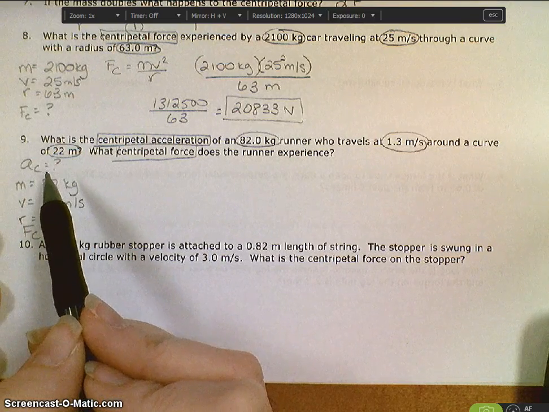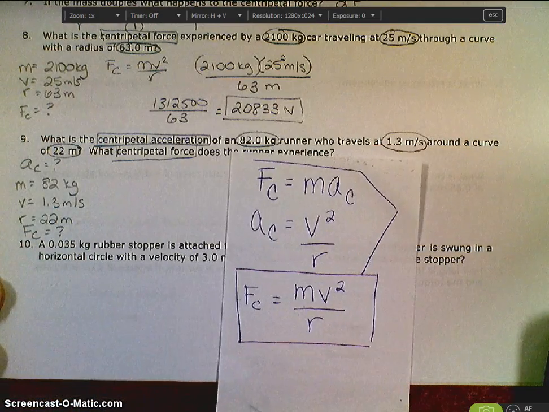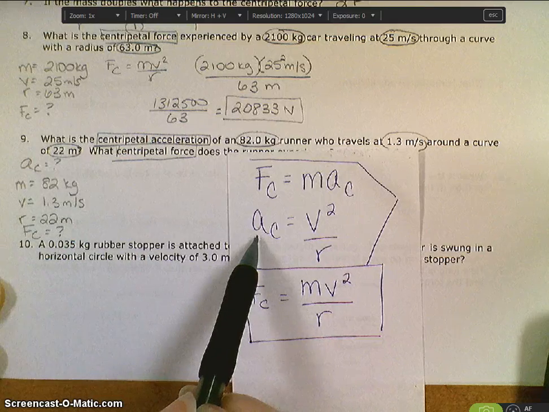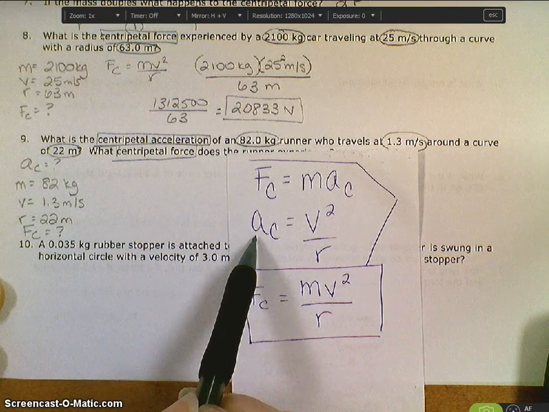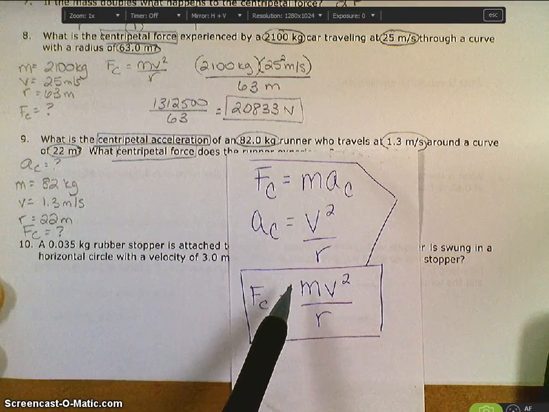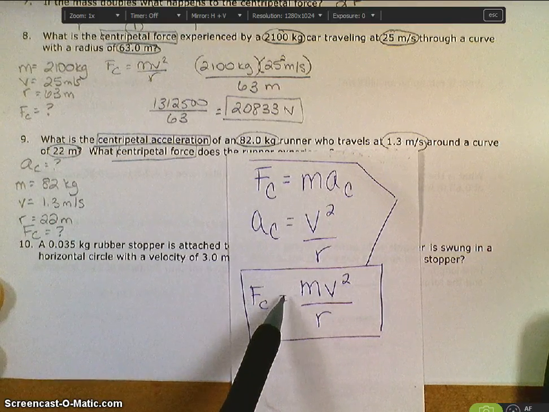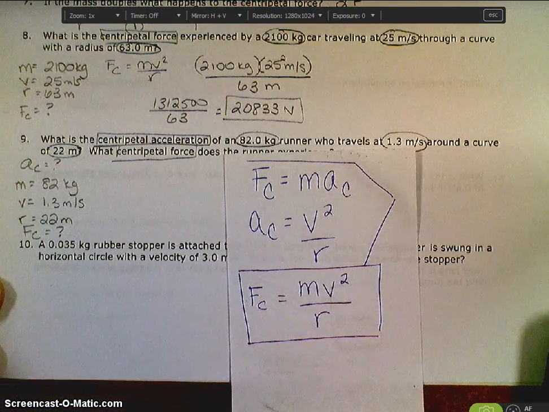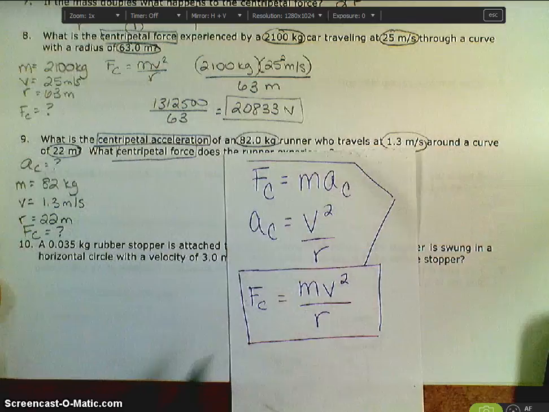But since I'm also asked for centripetal acceleration, instead this time I'm going to use these equations. First, I find centripetal acceleration, and then I can plug it in right here. Again, if you like this formula, you can work it this way, and then the second formula you work is this one. It will get you the same answers.